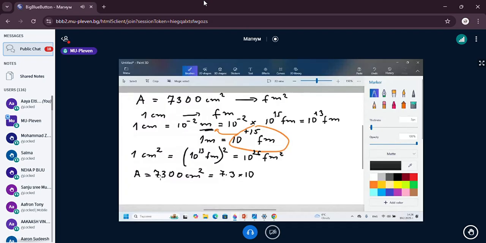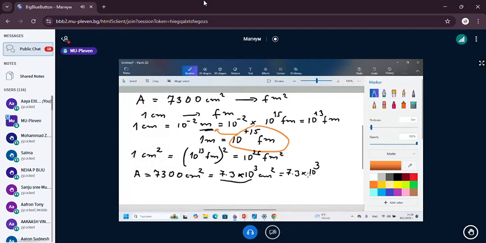The number of the shifted places is 3, which means plus 3 squared centimeters. So the same number in scientific notation. This is the symbol for multiplication. Then we rewrite this part, 7.3 times 10 power 3.